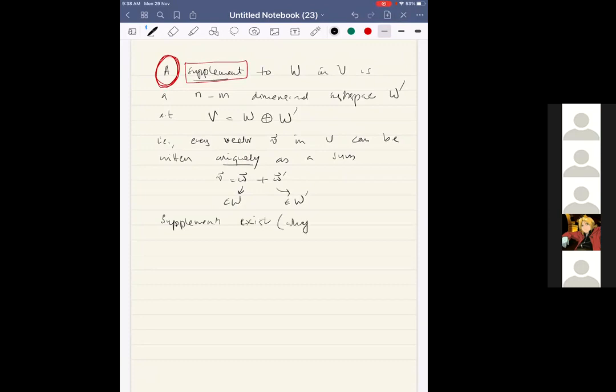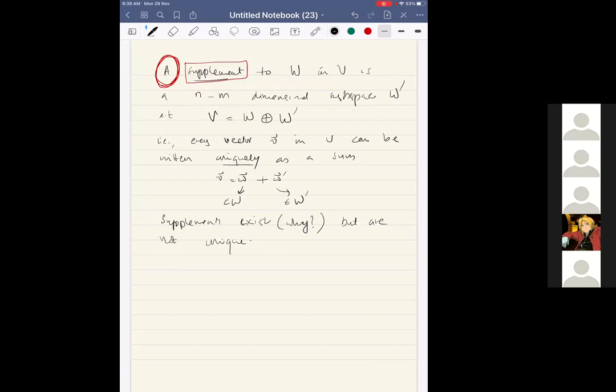So I was just saying that the reason why there are multiple is because we can take any basis of W and then extend it to a basis of V, and then the basis vectors of V from this basis which are not in W will form W dash essentially.